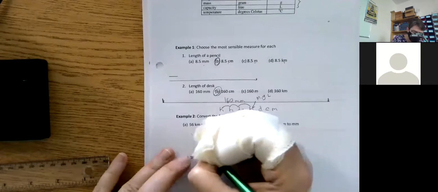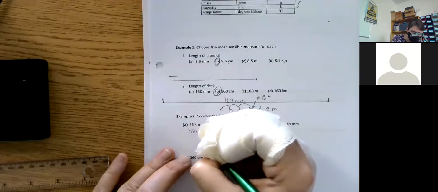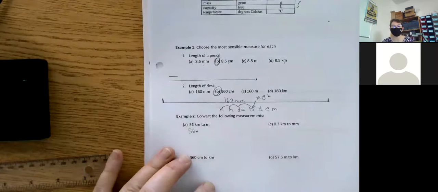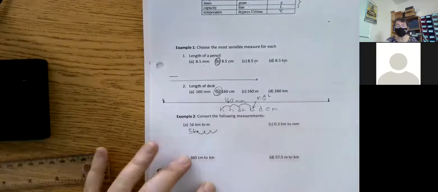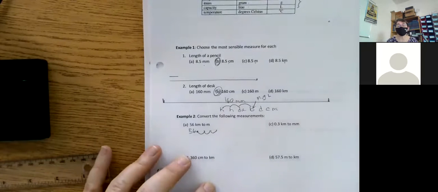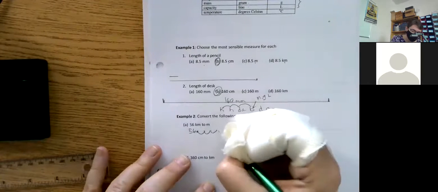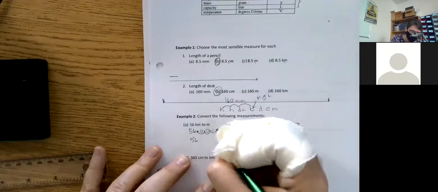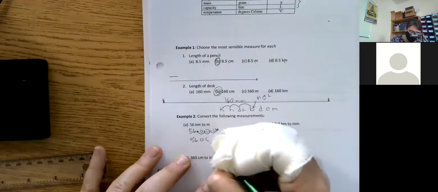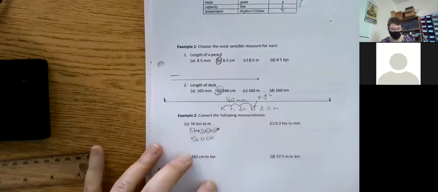So we take our decimal place, which I'm going to put in there. If there's no decimal, you put it at the end, and you need to go 1, 2, 3 steps. And you always take your steps in the same number and the same direction as you did steps on the chart. So my decimal place is going to move to over here. So I'm going to have 56, and all of these loops get zeros. You're going to get 56,000.